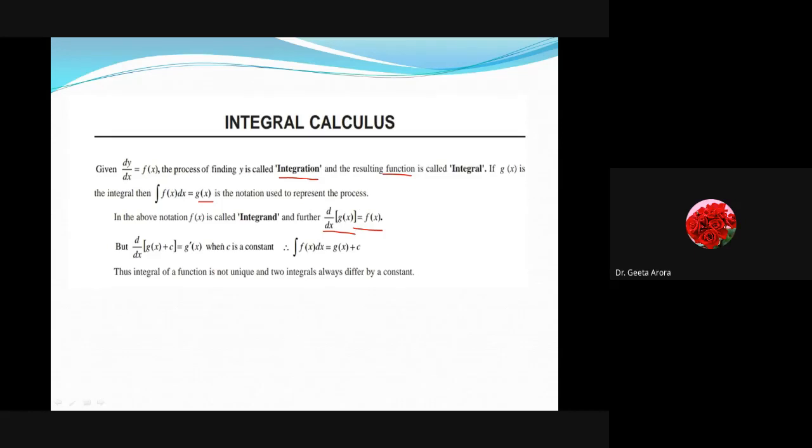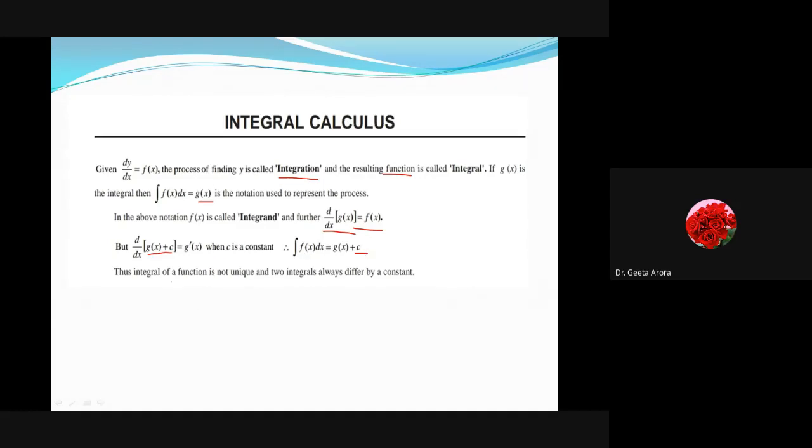But actually, whenever we are integrating something, we add a constant c. So why are we adding a constant? Because the derivative of g(x) plus c is g dash of x, where c is a constant. So what we are saying is that if we write g(x) plus c, or g(x) alone, they both give the same derivative f(x), because it depends upon the integration constant.